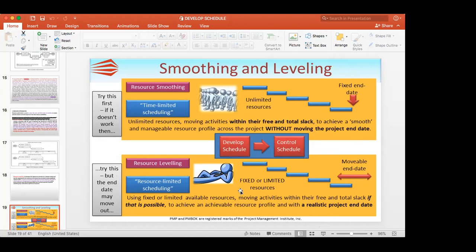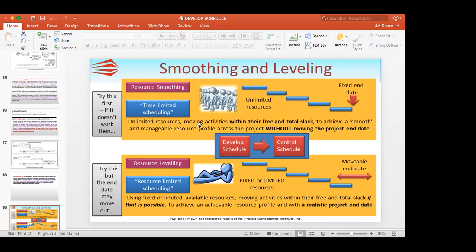If the company has limited resources, put those resources, but the date will be changed. Use fixed and limited available resources, moving activities within their free and total float slack. If you have float time, you try to play within that. Otherwise, the end date will go beyond this. Or, if you have unlimited resources, put resources and keep the date fixed.